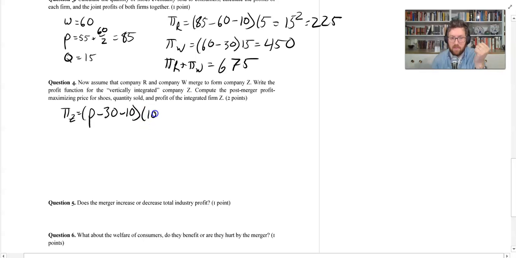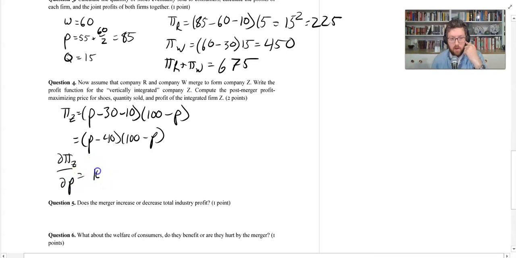And then they have this demand function 100 minus P. So this is equal to P minus 40 times 100 minus P. The derivative with respect to P is 100 minus P plus 40. And we end up with 140 equals 2P, or the price is equal to 70.